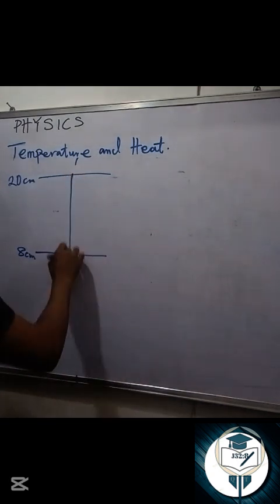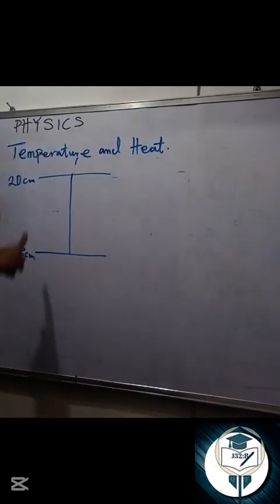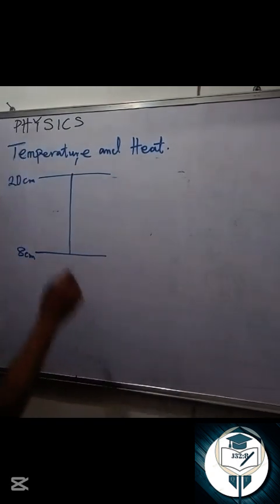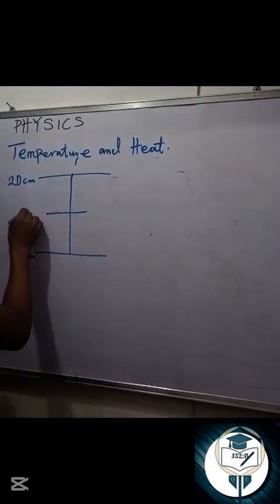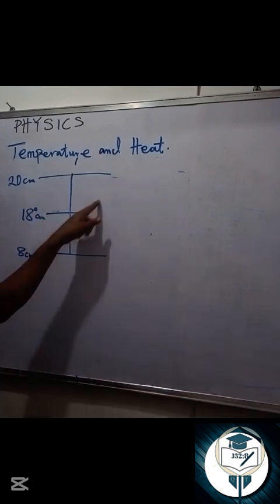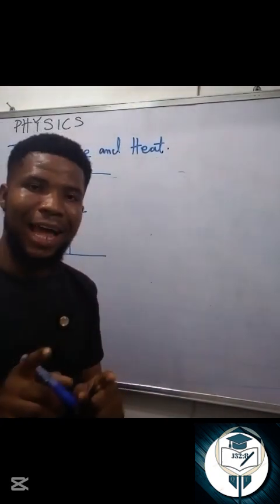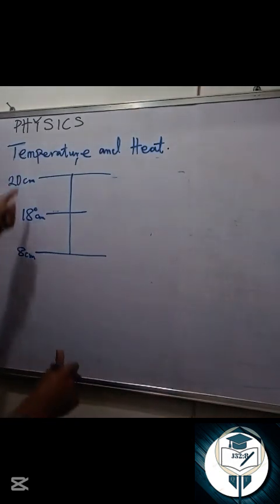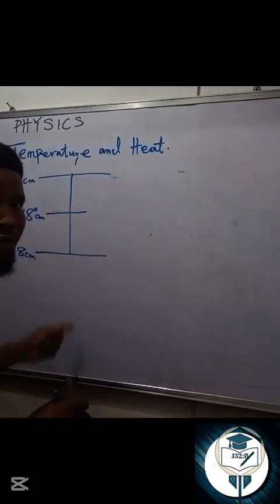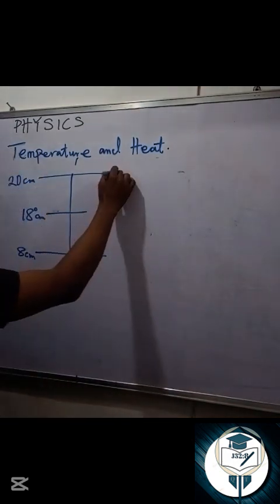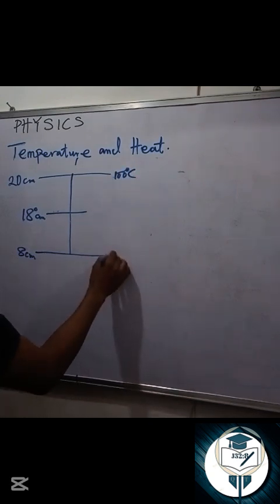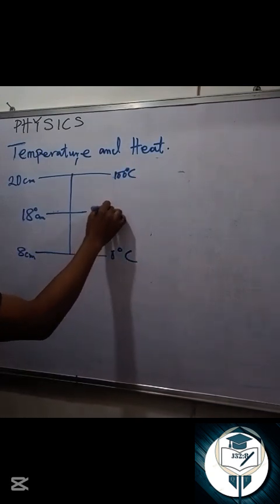Now, if the upper fixed point is 20 centimeters and the lower fixed point is at 8 centimeters, and there is a rise in the mercury level to, let's say, 18 centimeters, what will be the temperature on that mercury in glass thermometer? Can you see that? So you just use this value given to you and compare it to your upper fixed point, lower fixed point, and the temperature you are looking for.